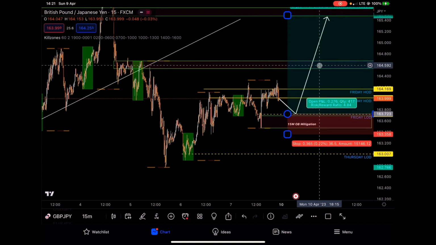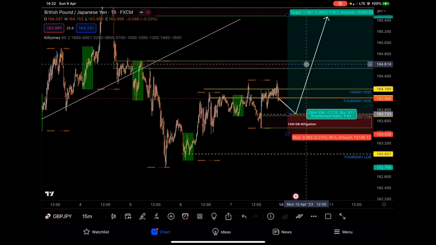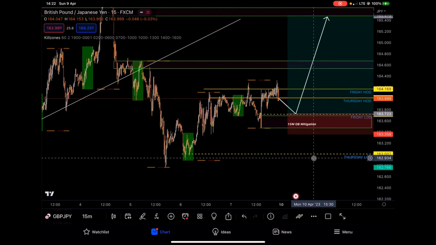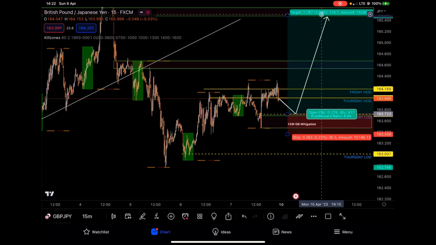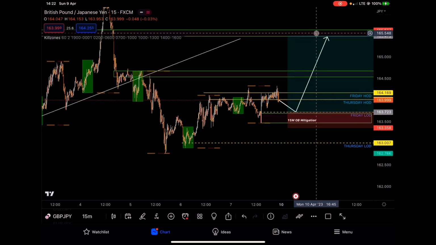This level on the higher time frame signifies my 79 fib, and this level on the higher time frame signifies the 88 fib. So price could come here and decide to fall and reverse to bearish momentum, or it would actually get to 165,530, and this is where we could possibly see the sells from.